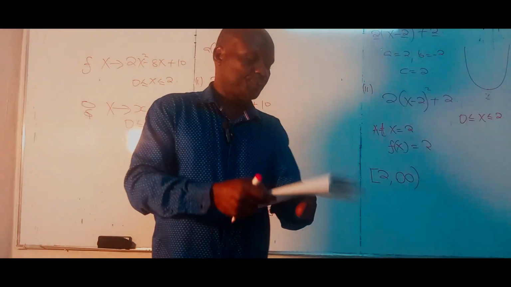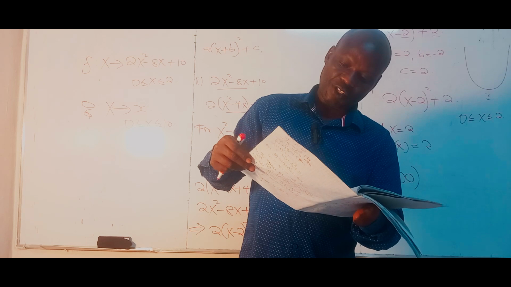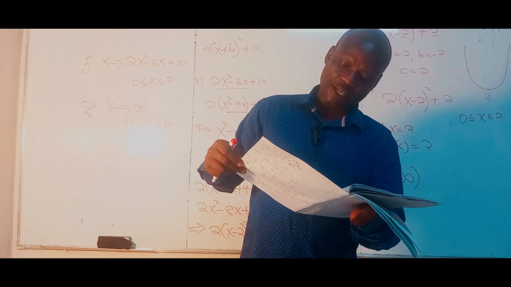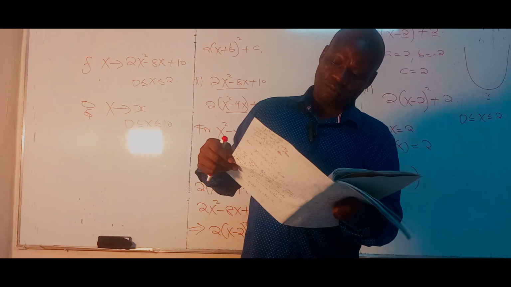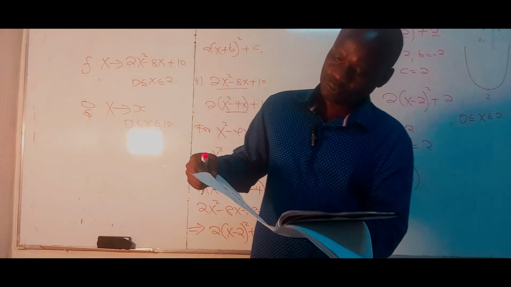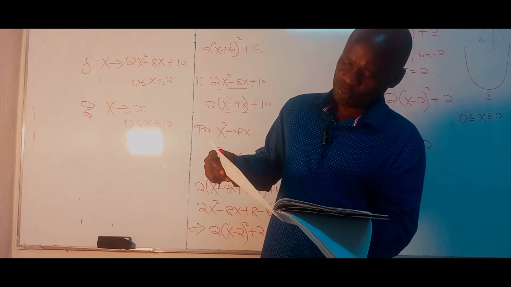Roman 3. Sketch on the same diagram the graphs of y is equal to f of x, y is equal to g of x, and y is equal to inverse of f of x, making clear the relationship between the graphs.